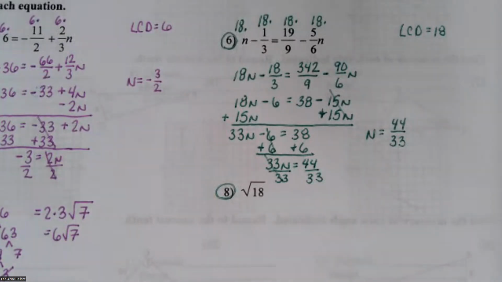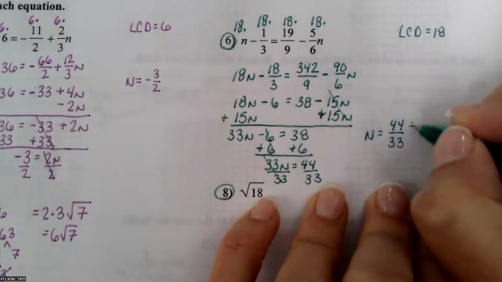Okay, I'm going to reduce this. I love this one because it's kind of obvious what goes into both of those. 11. Okay, so I'm going to go like this.